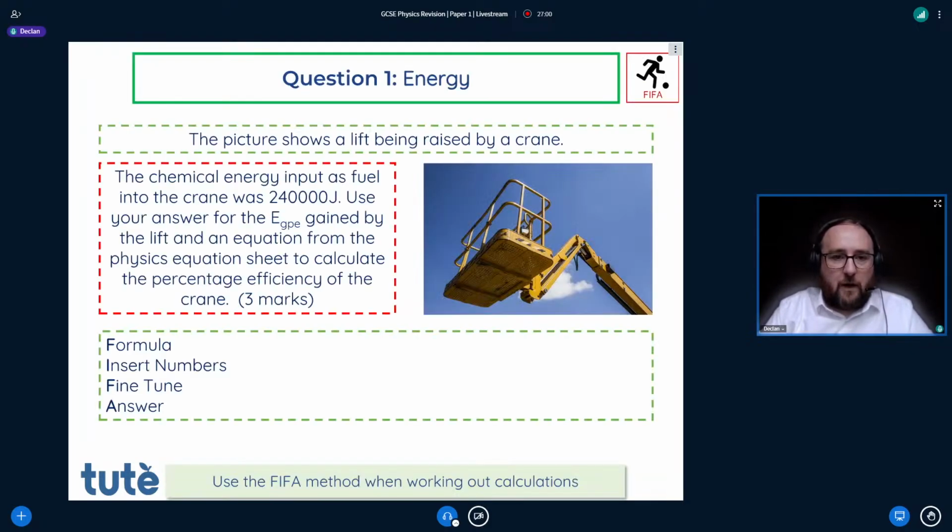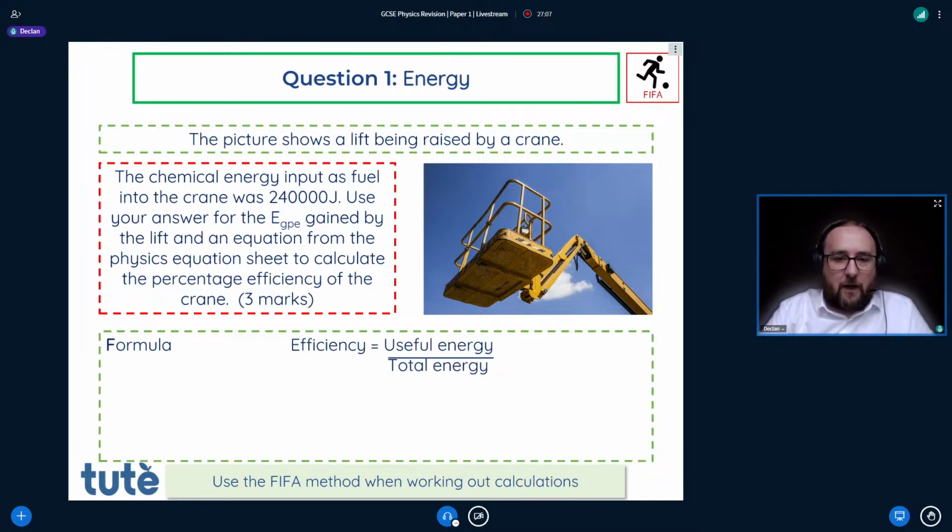So my first step, as I said before, in our FIFA method, is writing down that equation. Efficiency equals useful energy divided by total energy. Our next step is inserting the numbers, making sure you put the correct numbers in.